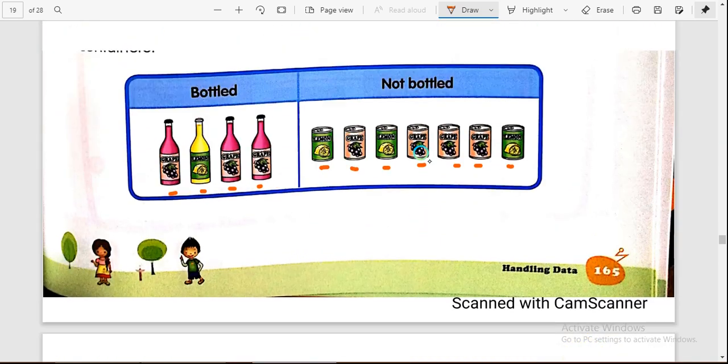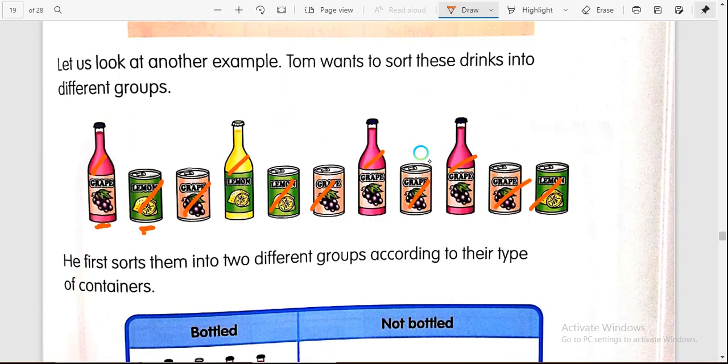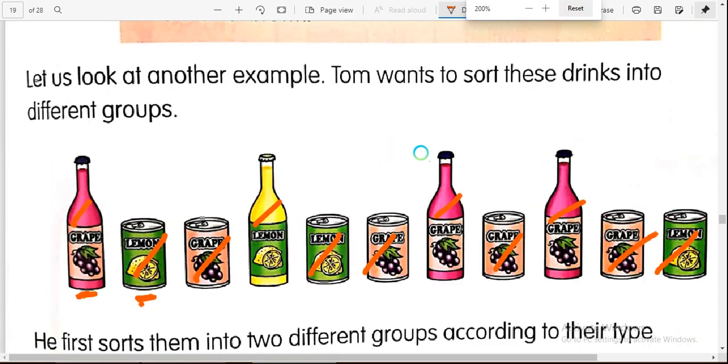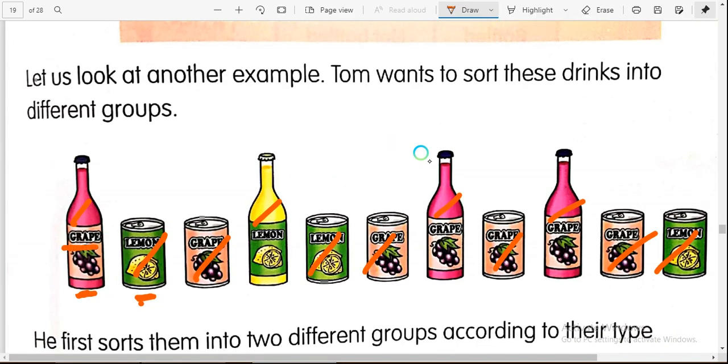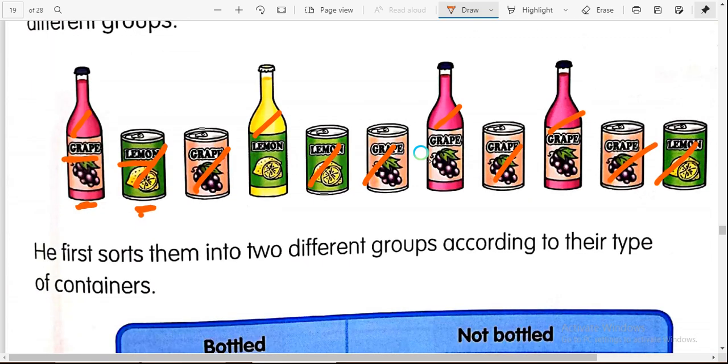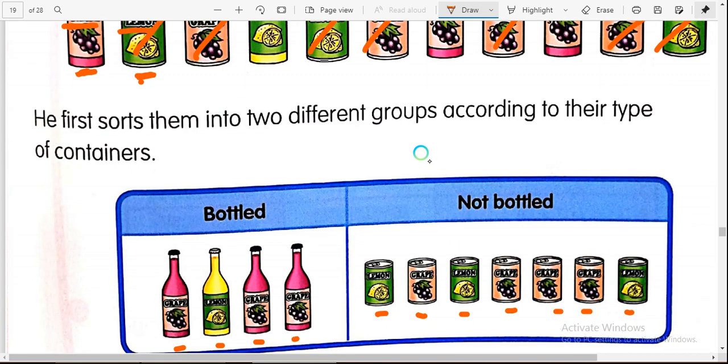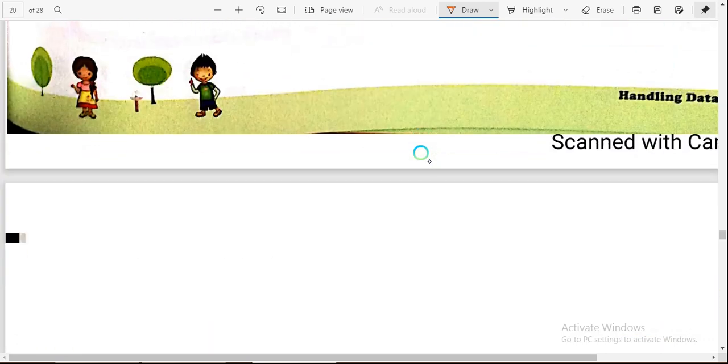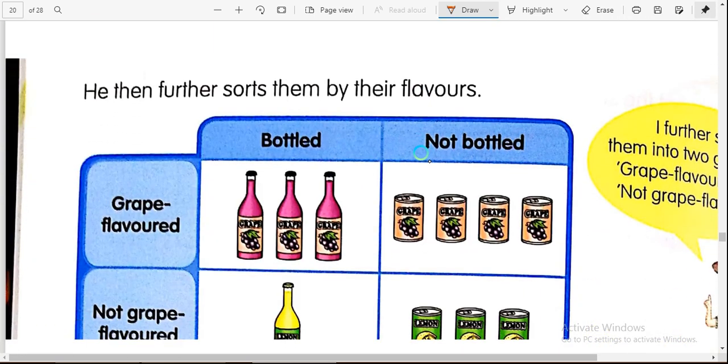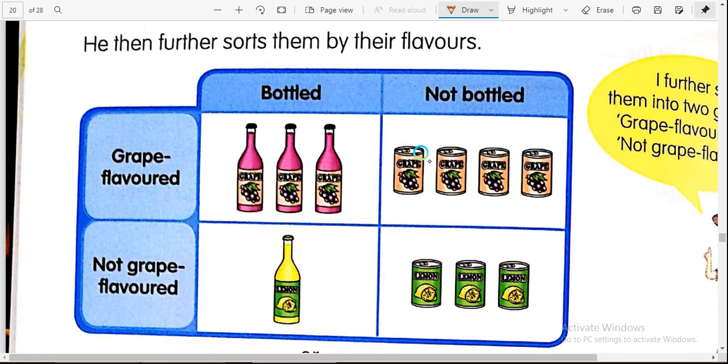So here I have grape flavor and lemon flavor. So I can say grape flavored, not grape flavored. No one tell me it's lemon flavored. You can just say grape and not grape. Bottled, not bottled.